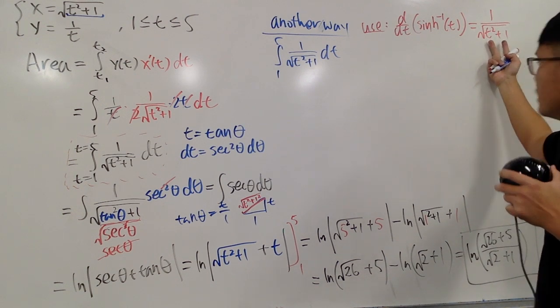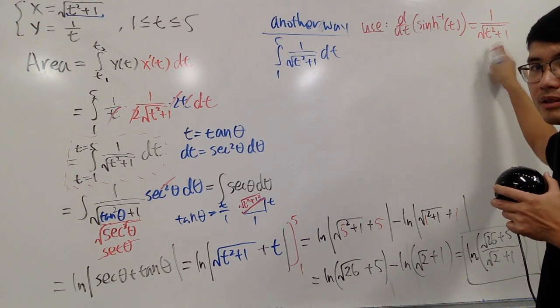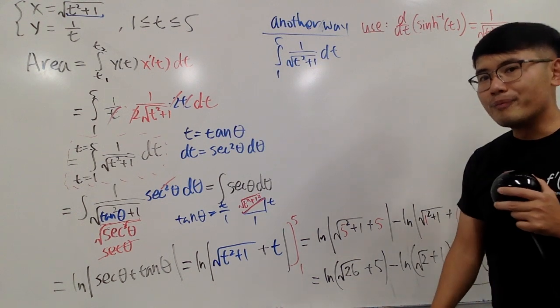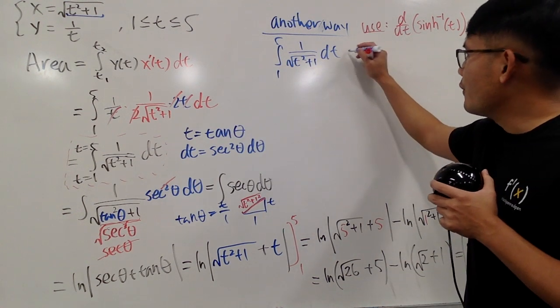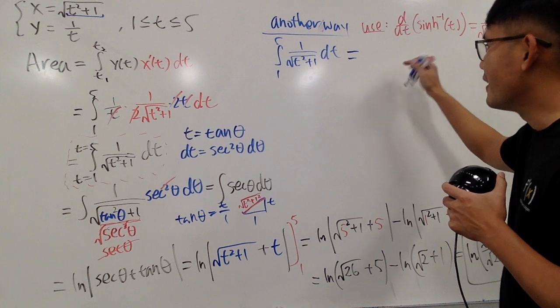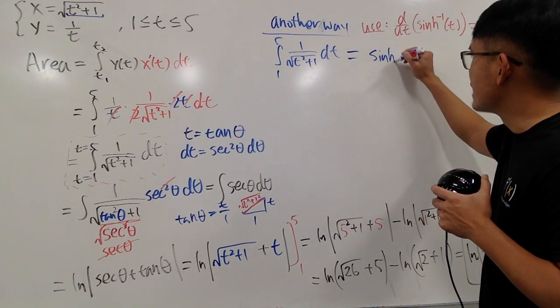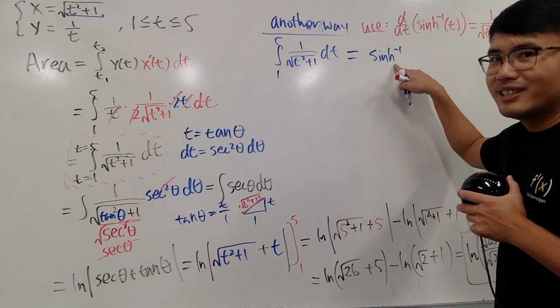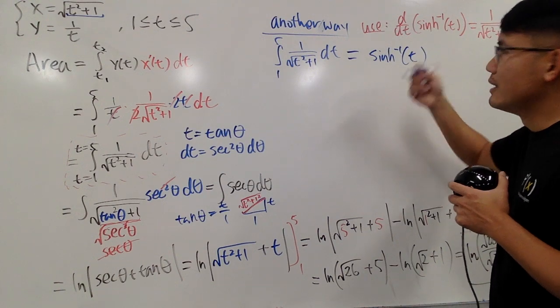And of course, the order of addition doesn't matter. You can switch it, doesn't matter. So, in other words, you can actually just go from here to here and say this is the inverse sine hyperbolic version and the input being t.